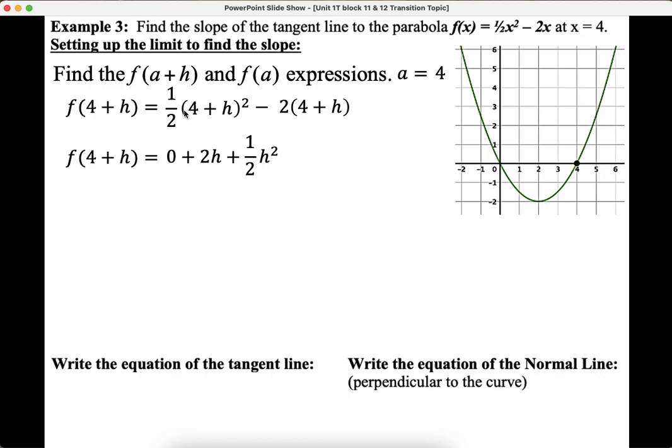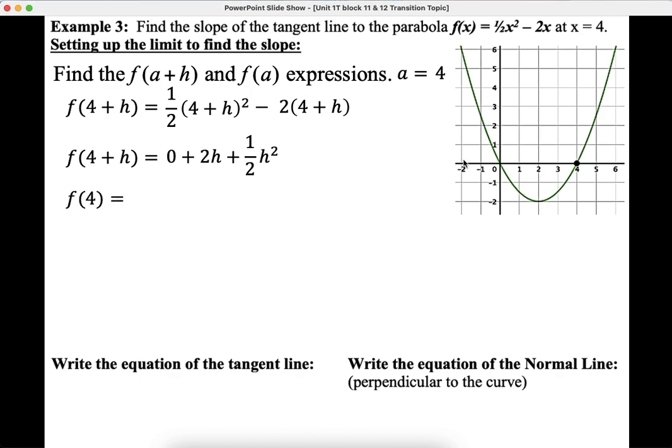So it's going to be 8 plus 4h plus half h squared, minus 8 minus 2h, so that's how we get the positive 2h. And then the half h squared doesn't combine with anything. So there's the answer of f of 4 plus h. I should have had more steps there. You'll get an opportunity to practice those steps in class.